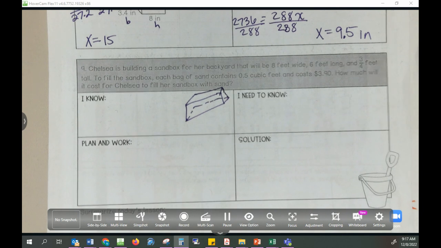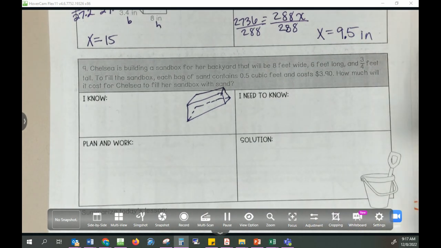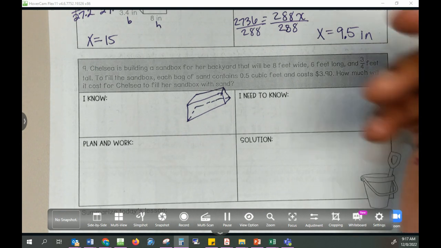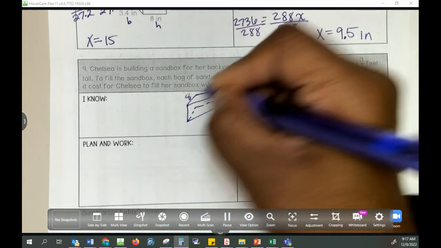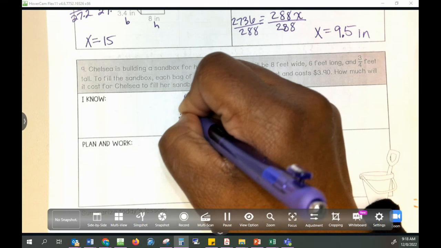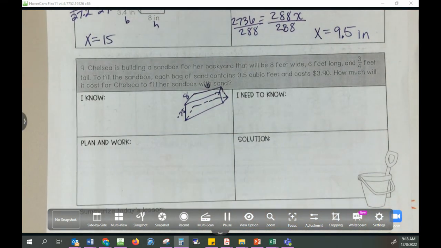So one of these is 8 feet, one of these is 6 feet, one of these is 0.75 feet, 3/4. So 8 by 6 and then 0.75. All right. So figure out the volume. Multiply 8 by 6, which you get 48. And multiply that by 0.75.